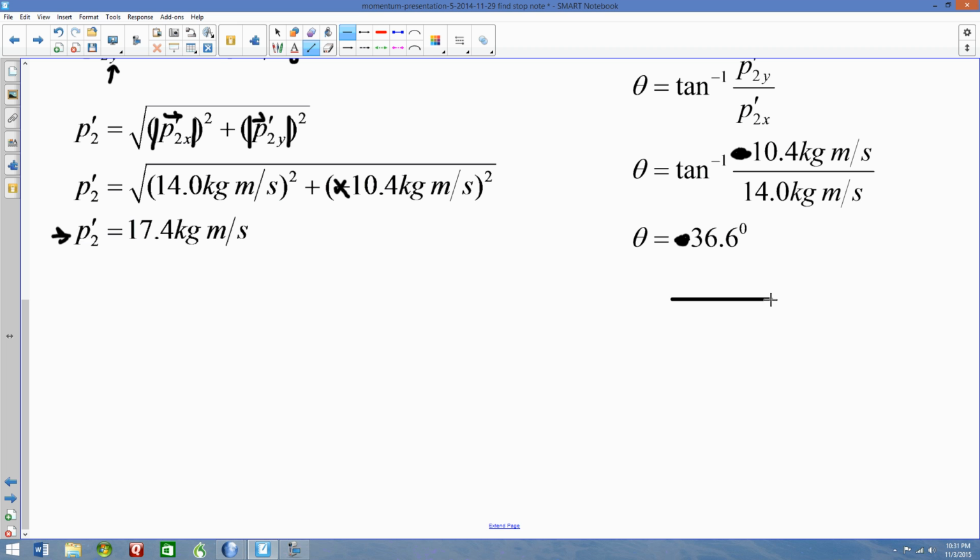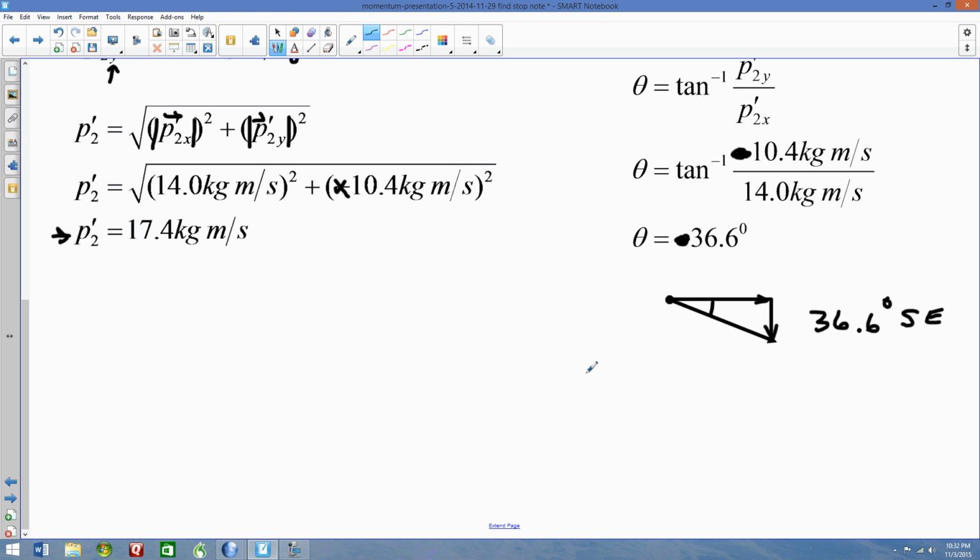Here's the y component. Let me get an arrow on those. There we go. And that means that the angle that we're solving for is right here. And that's going to be 36.6 degrees, and that's going to be southeast.